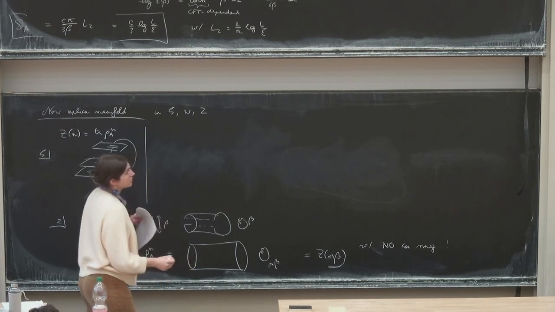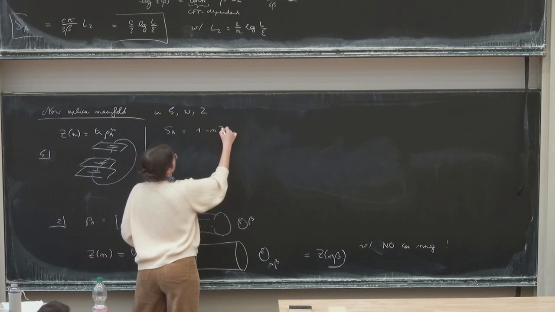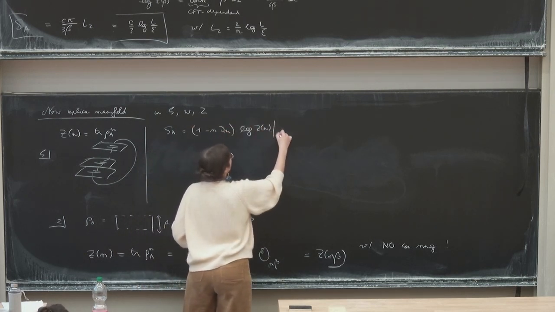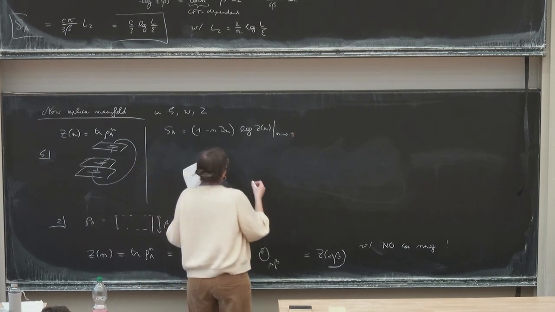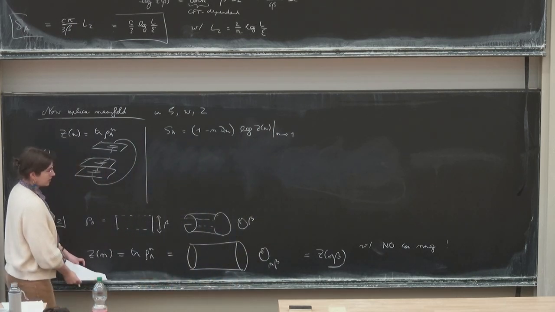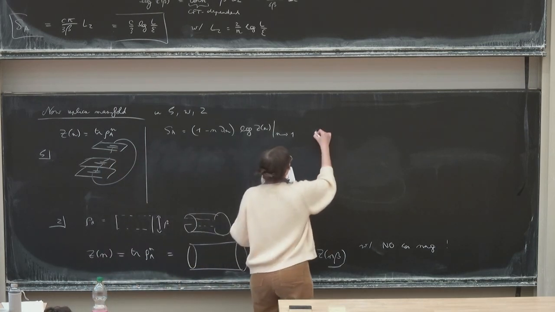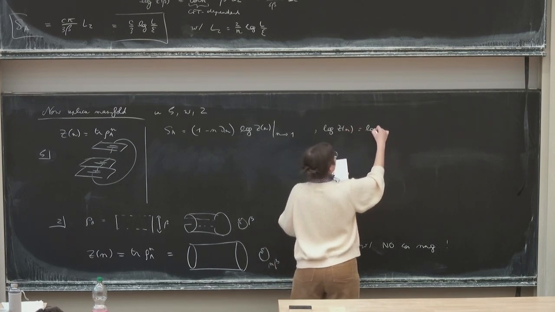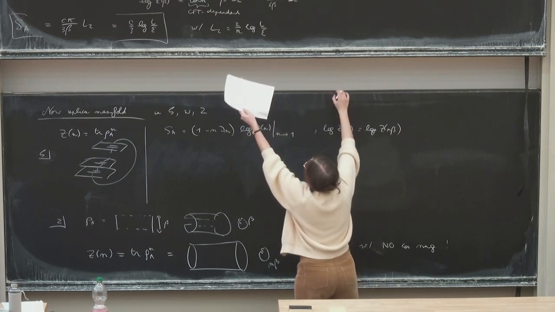Namely, the replica trick way of calculating S_A is taking 1 minus n, d/dn of log Zn, and then n to 1. If we do that in the cylinder picture, then Zn is just equal to Z of n beta. And then we use Cardy's result there.